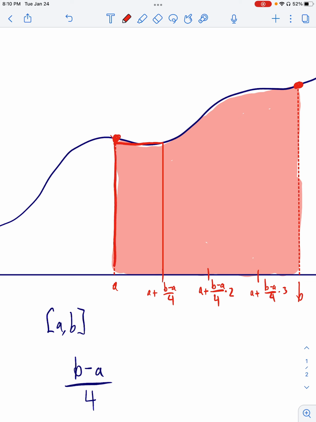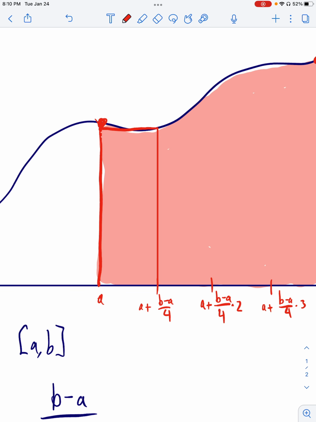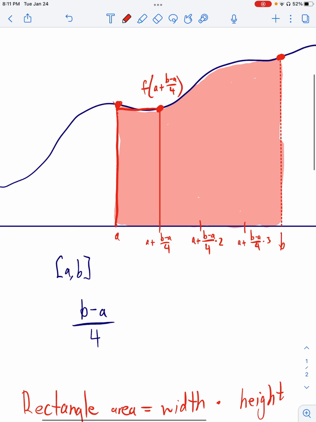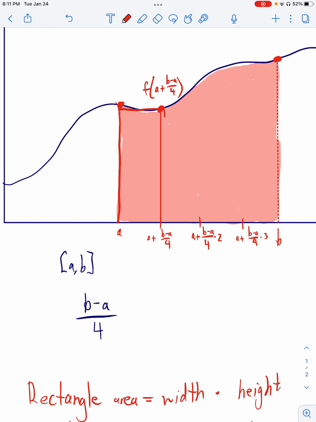So the height of that rectangle is f of that x value, so f of a plus b minus a all over 4. So this height here is f of a plus b minus a over 4.